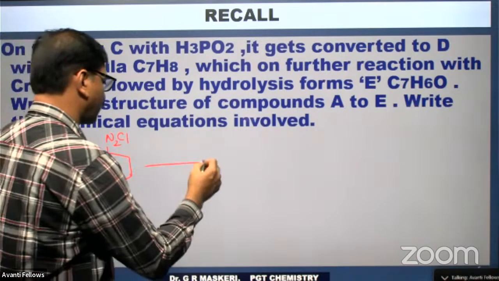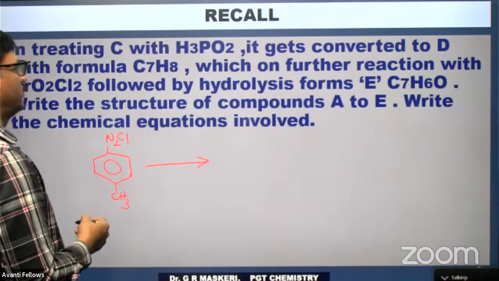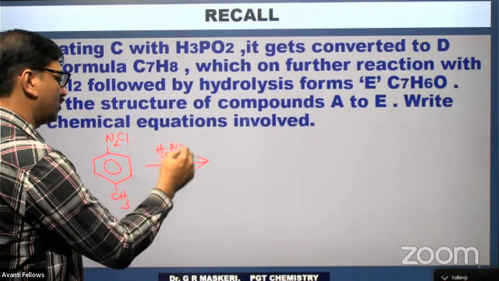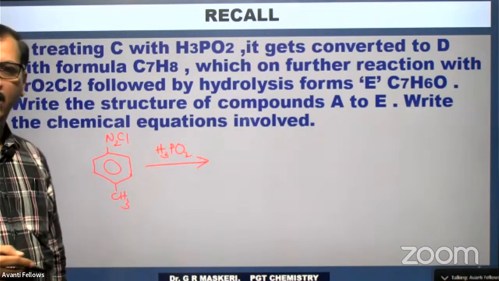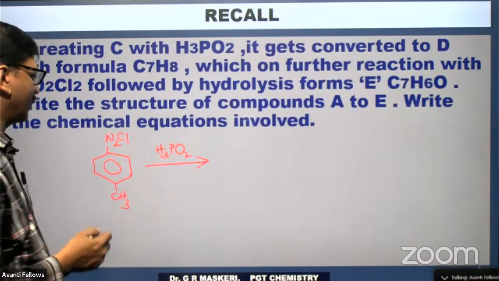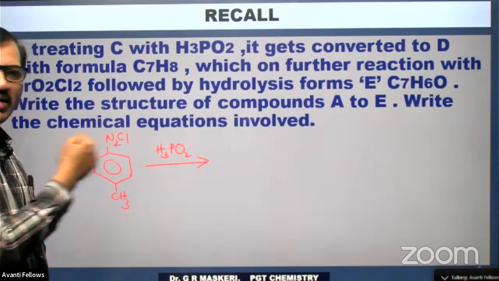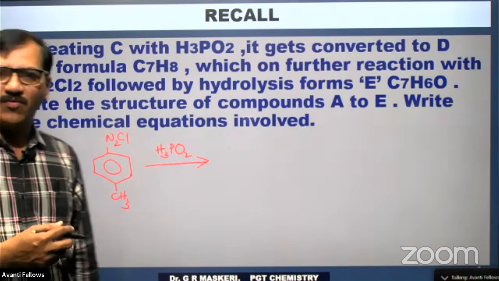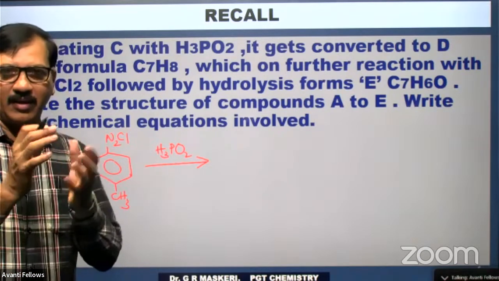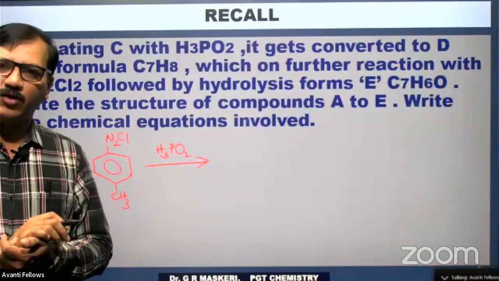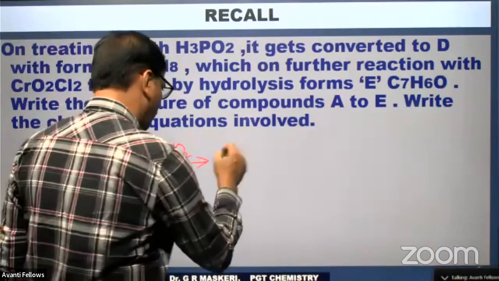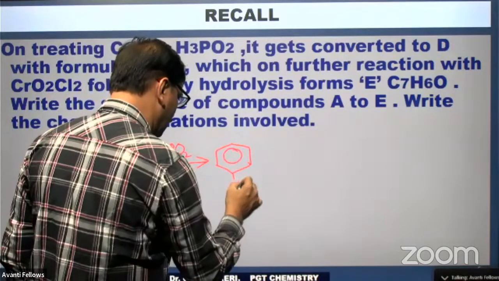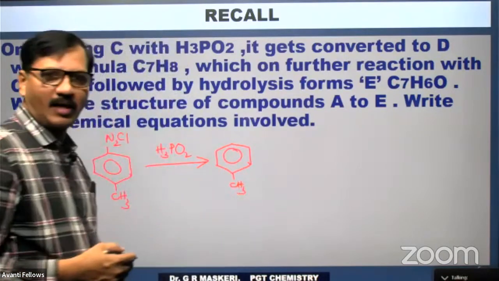And this with H3PO2, phosphorus acid, hypophosphorus acid, H3PO2 or ethyl alcohol. This diazonium salt is converted into a benzene ring. Therefore, this will have only the methyl group at this position, right?